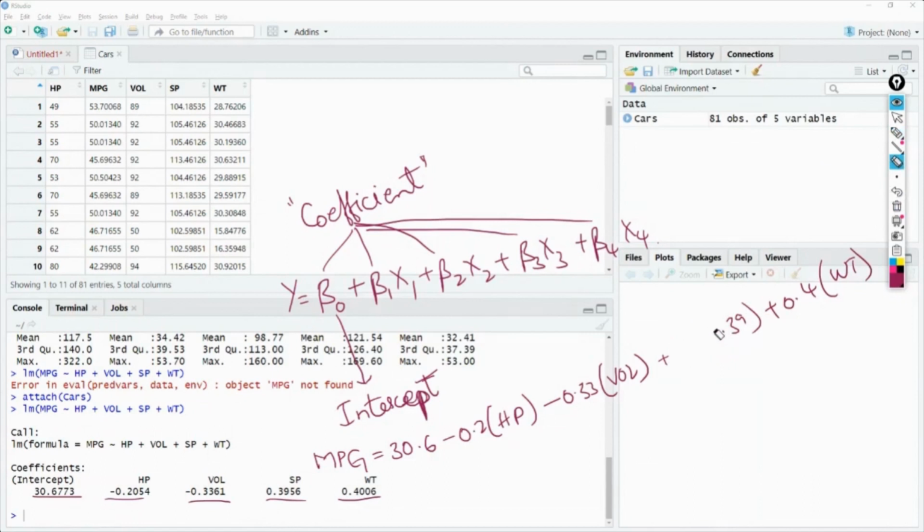Okay, I need to correct this: 0.39 into top speed plus 0.4 into weight. You have the equation. You build the equation. Henceforth, if someone gives you horsepower, volume, top speed, simply substitute in these places and solve it, and you get the mileage of the vehicle.